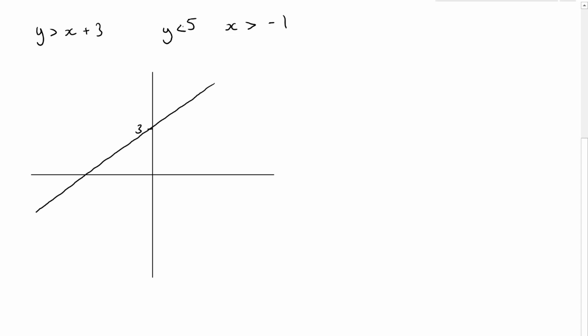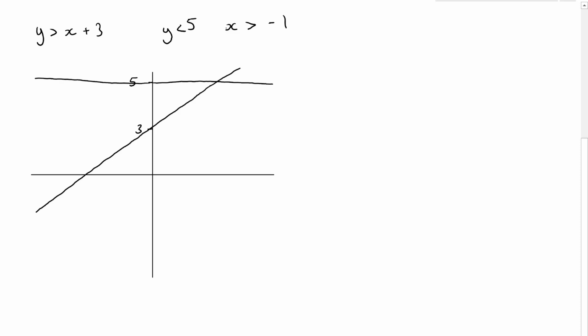If y is less than 5, then we need to find where 5 is, which is going to be about here somewhere. We need to plot the line y is equal to 5, which is just going to be a horizontal line that goes across here. Let's extend this a bit further, and goes across here as well. Okay, so this is y is equal to 5.